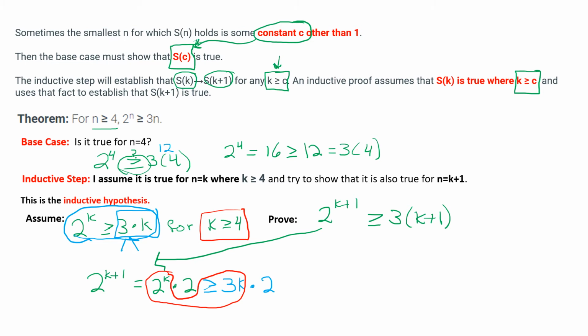Now, what are we trying to prove? Remember, we're trying to get to this point right here. So let's see, we've got 3 times k, 3k times a 2, but we want to somehow get to 3 times k plus 1. So sometimes these might take a little bit of thought.